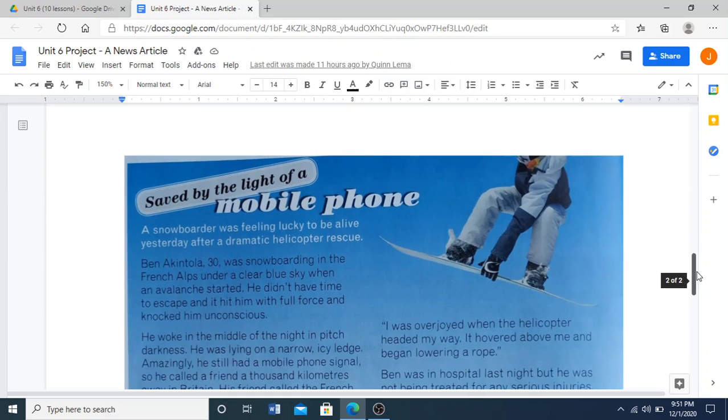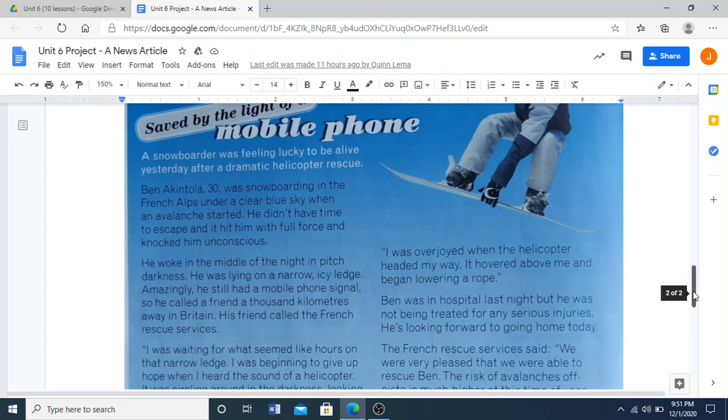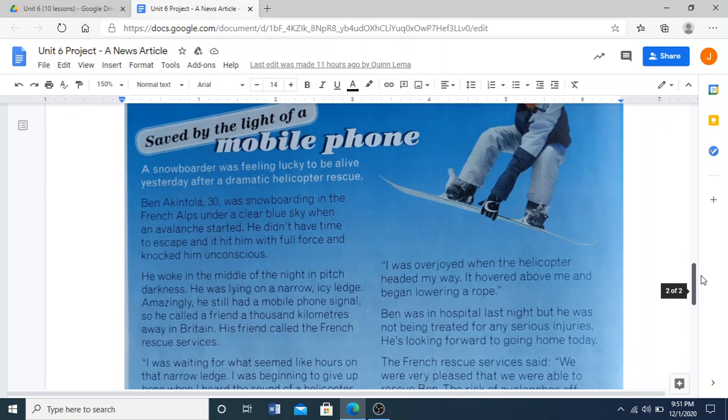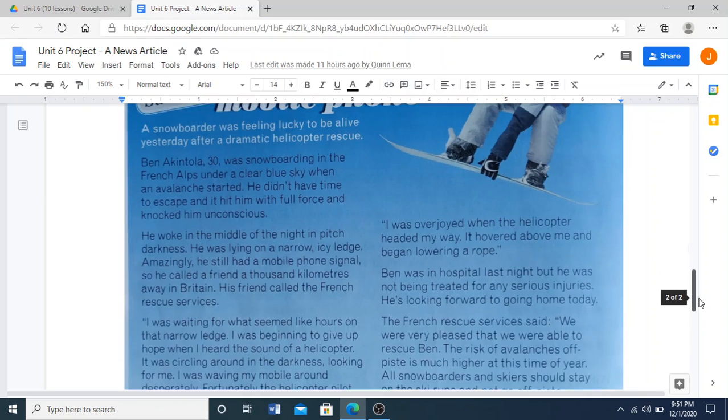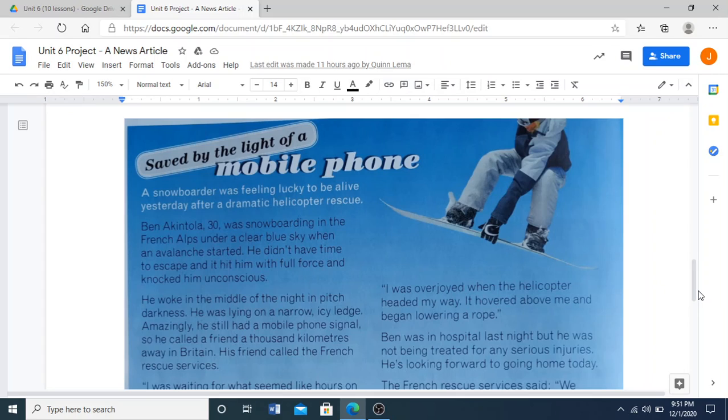Remember, we read this article in Unit 6. This is an example of a ready-made article that we read in this unit, Saved by the Light of a Mobile Phone. You see, it has pictures, the background is blue, the whole picture forms the background for the article, and this looks really catchy for someone to read and get information from.